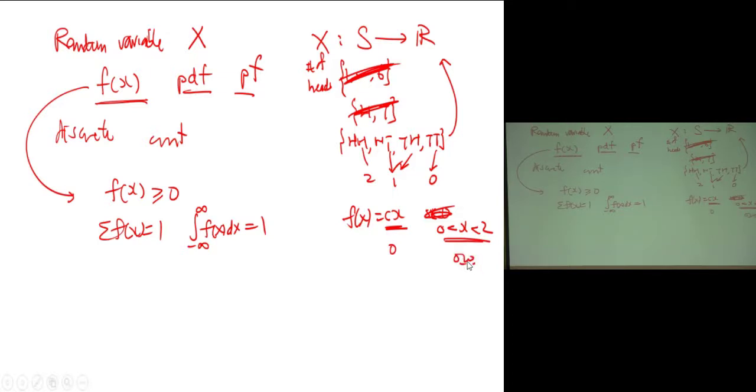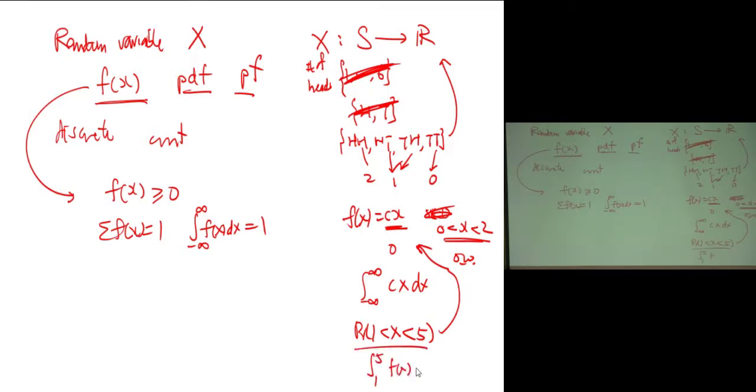So when you do an integration, you cannot say, I integrate from minus infinity to infinity cx dx. This is wrong because cx is not valid when x is outside the range of 0 to 2. So you have to be aware of that when you do the integration. For example, if you are asked to find the probability of x between 1 and 5, following the definition, it's the integral from 1 to 5 of f of x dx.